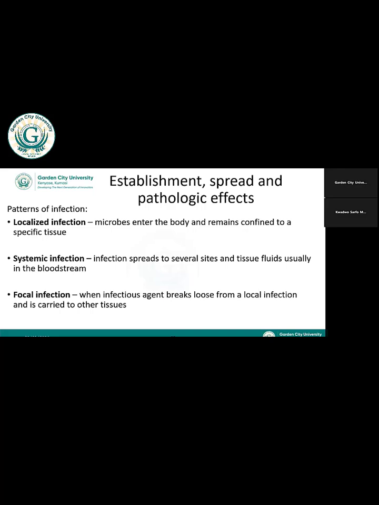So if it does not spread to all sides, but from one side to the other, then it is focal. Assuming you have wound infection, and then it begins to spread to other sites. This is focal infection.